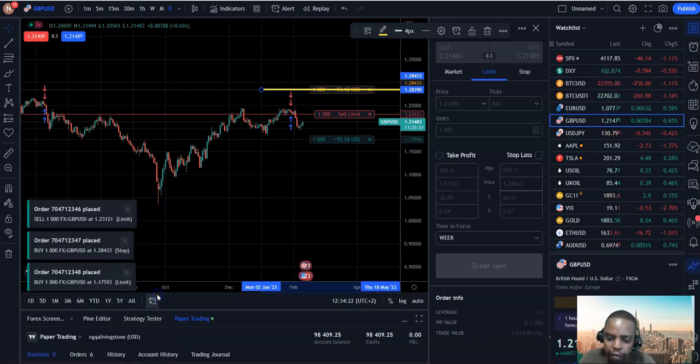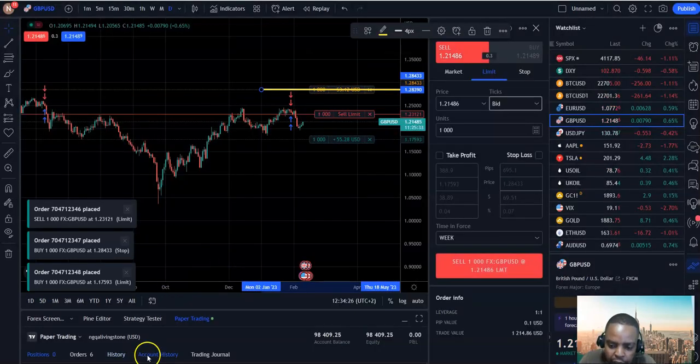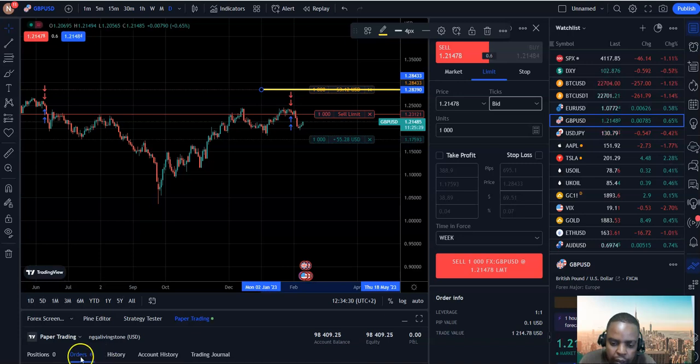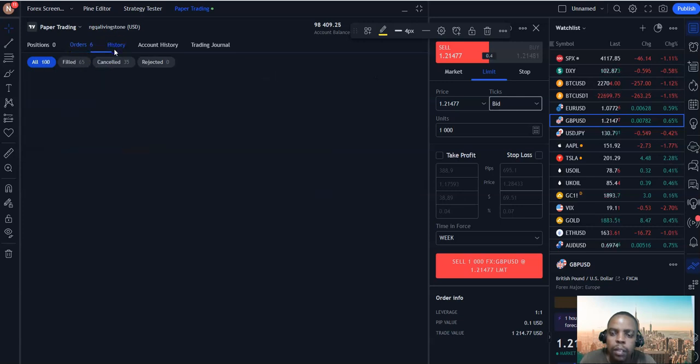Before I go any further, let us look at order history right here. You come to orders, come up, and you have buy, take profit, stop loss, limit, history.